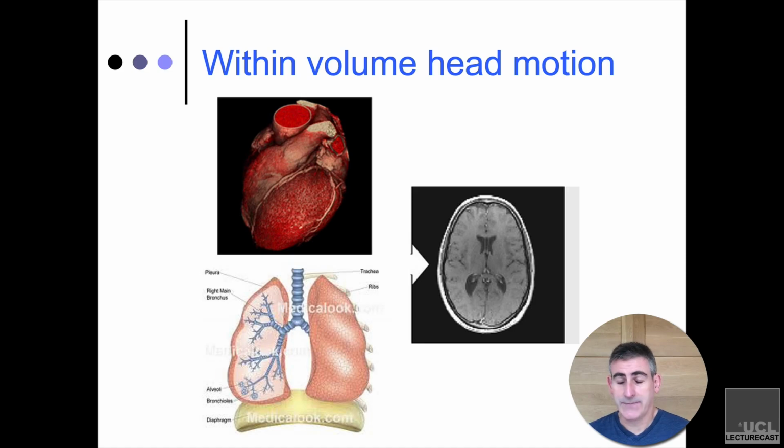One of which is your heartbeat. It's beating away at whatever your resting heart rate is, or perhaps you're in the scanner and a little bit anxious and therefore it's beating a little bit faster. But of course, every time your heart contracts and sends a high pressure wave through your arteries, it causes a little bit of motion in your head. And it depends where in your head how much motion it is.